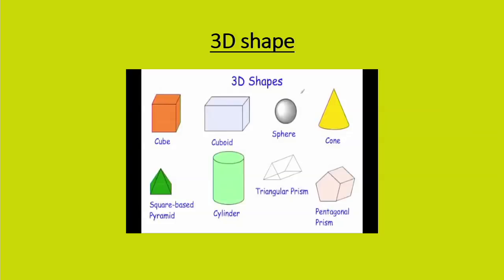Same with 3D shapes. What are 3D shapes? 3D shapes are shapes that have 3 dimensions: length, height, and width. And 3D shapes have volume. I brought along a box. You can take any box to your class and explain.